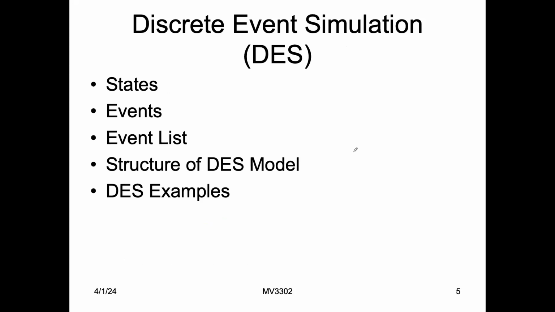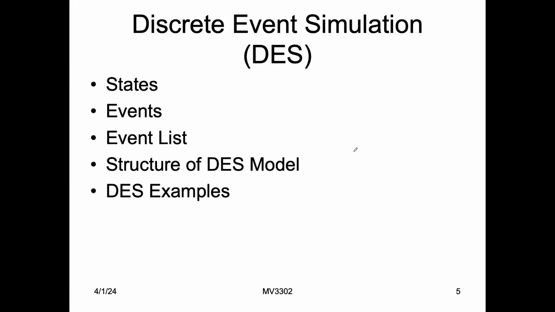We will be using a framework based on discrete event simulation, and there are 4 parts of a discrete event simulation model, only 3 of which I've listed here. First, the states. When we are creating a simulation model, we explicitly say these are the states.